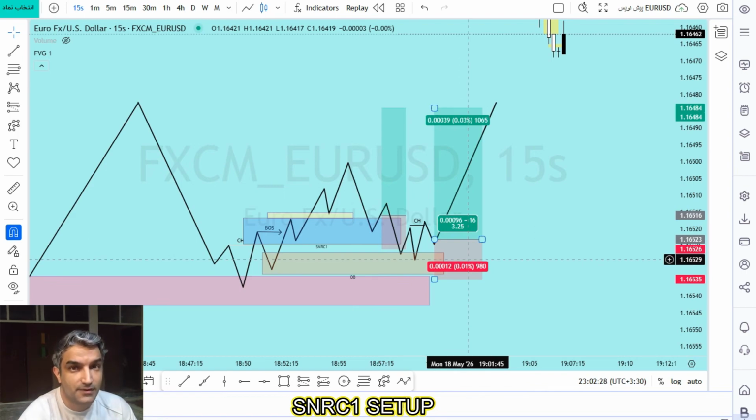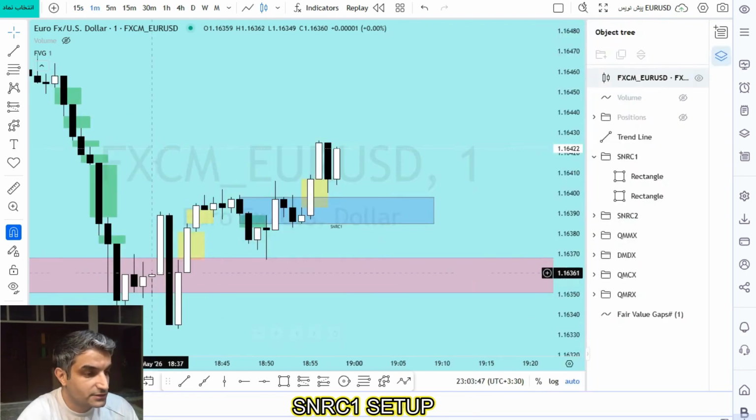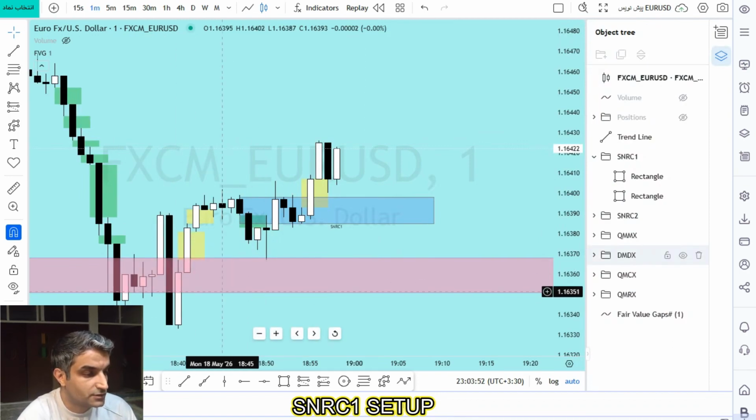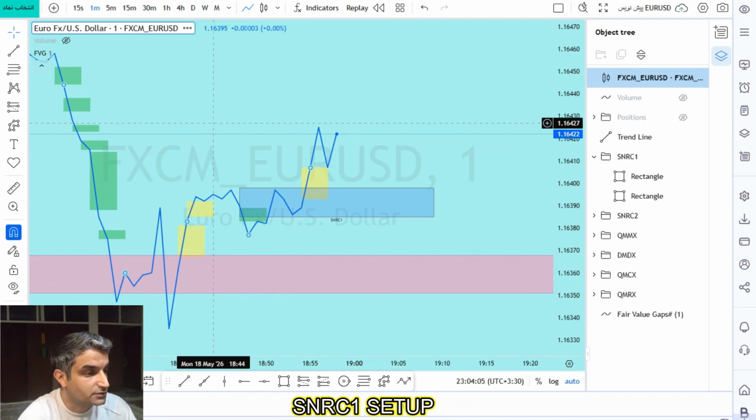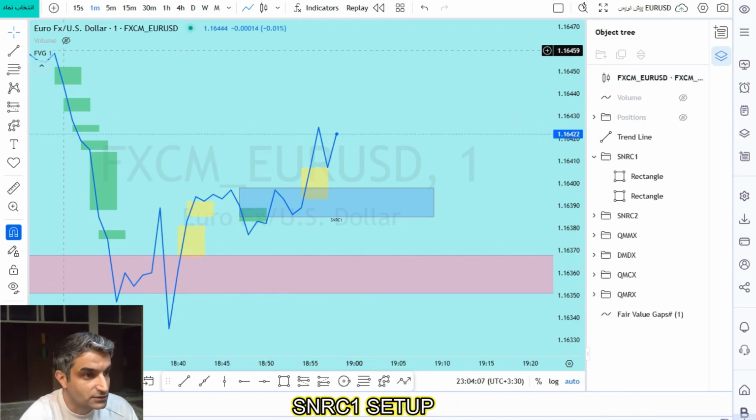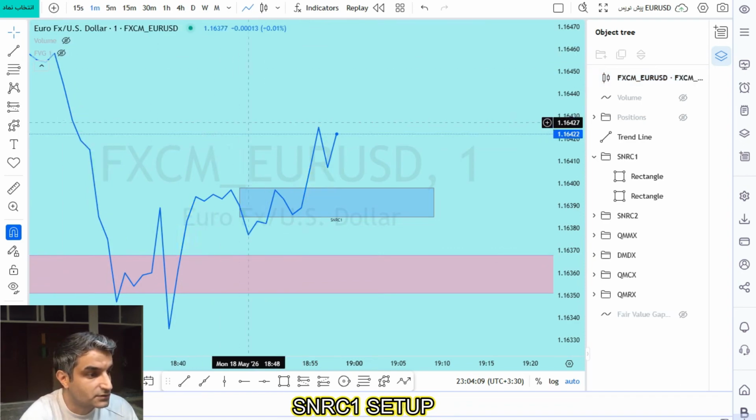Okay, let's see some examples. As you see, price had a reaction to our direction, our POI, and in the 1 minute we saw something like this. If I change it to the line chart, you can see, let me turn off this.